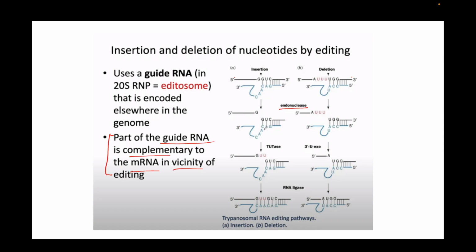Now you can see that this sequence has AAC. For A, which base is complementary? For A, the complementary base will be uracil. So for this A there is a single U, and for this another A there is another U, and G and C have been combined. Understood? Now RNA ligase comes into the picture, where it forms the hydrogen bond and also the phosphodiester bond, and completes the strands.